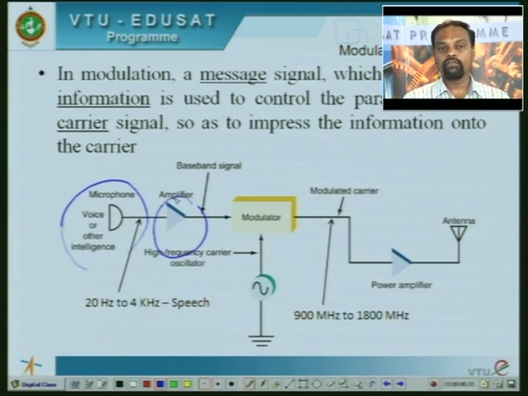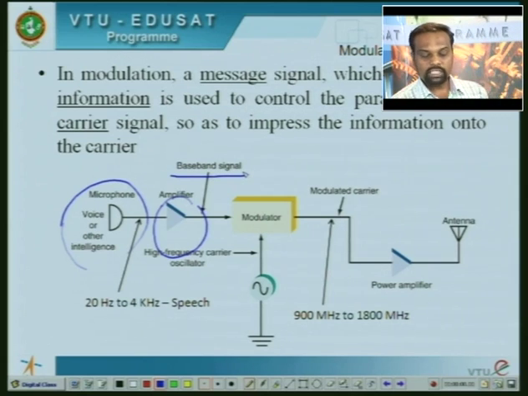The amplifier amplifies the signal and increases its amplitude. The signal coming from the amplifier is called the baseband signal. It is a very important concept in communication. The baseband signal, usually in our case, is 20 hertz to 4 kilohertz.